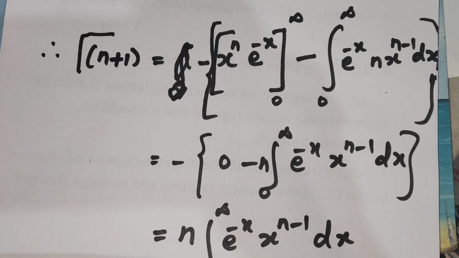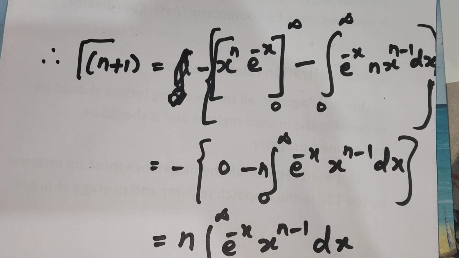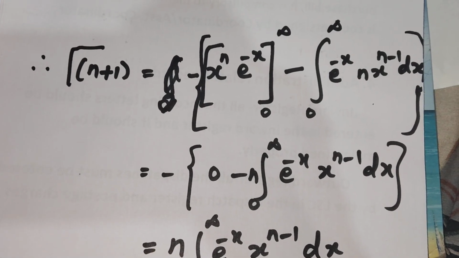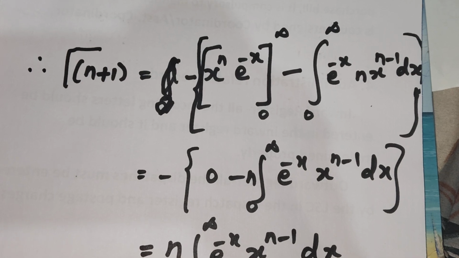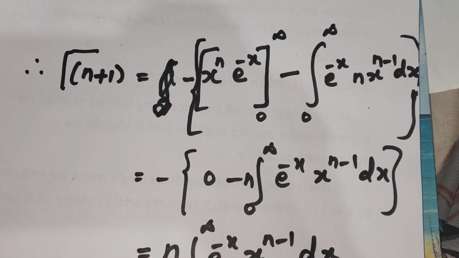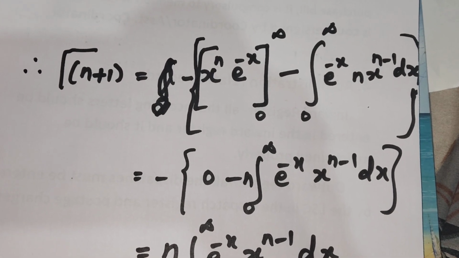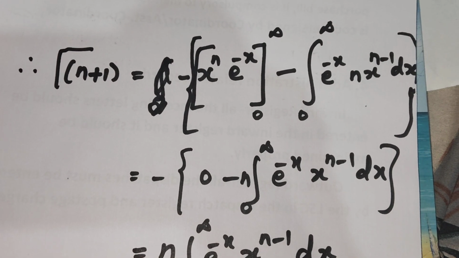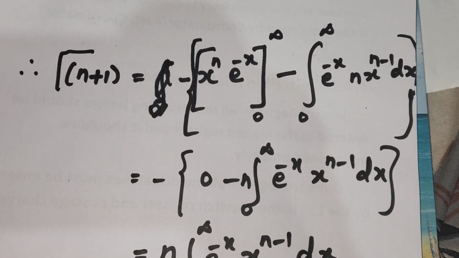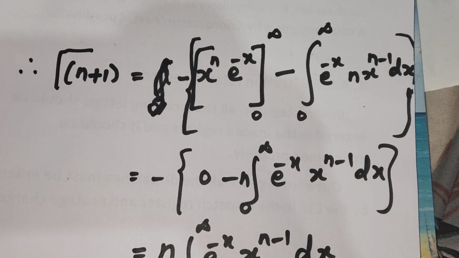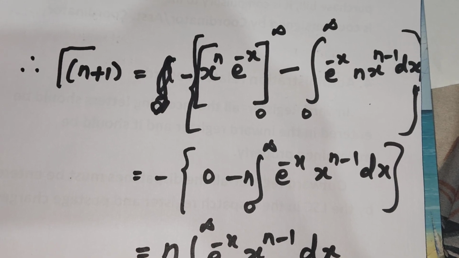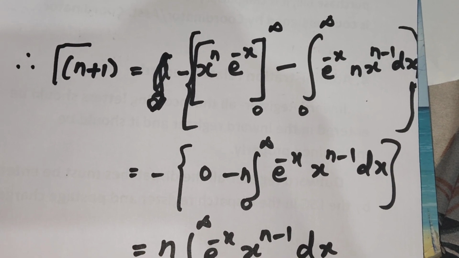Therefore, gamma of n plus 1 is equal to minus x power n e power minus x, the limits from 0 to infinity, minus integral 0 to infinity e power minus x, n x power n minus 1 dx. Here u is x power n and v is minus e power minus x. We can write minus outside.